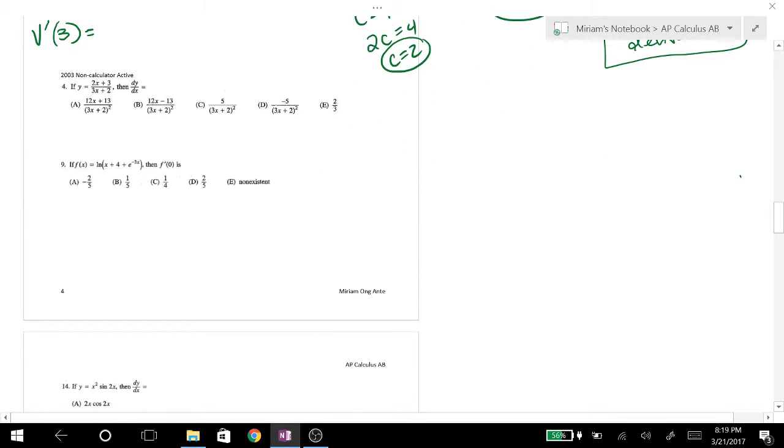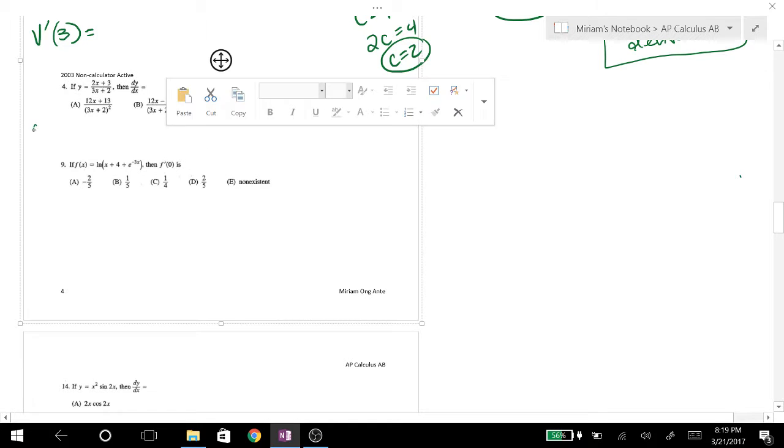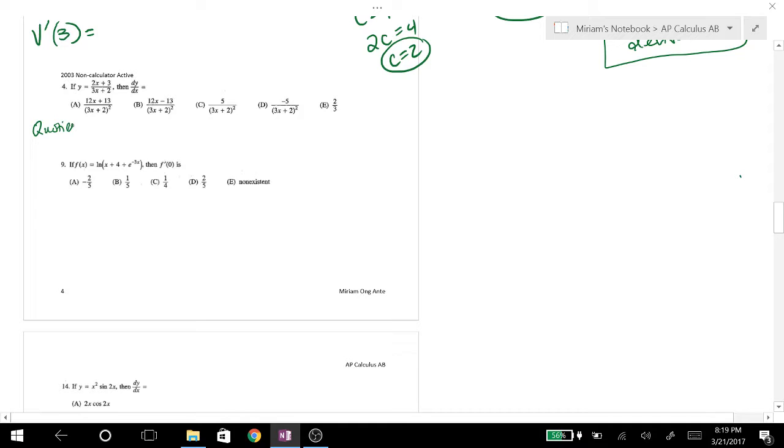Next up. Okay. So we have y equals 2x plus 3 over 3x plus 2. Then we need to get dy over dx. I'm going to let you guys finish this problem, but since you're dividing, you know you need to use the quotient rule. And we know that's low d high minus high d low all over low squared.